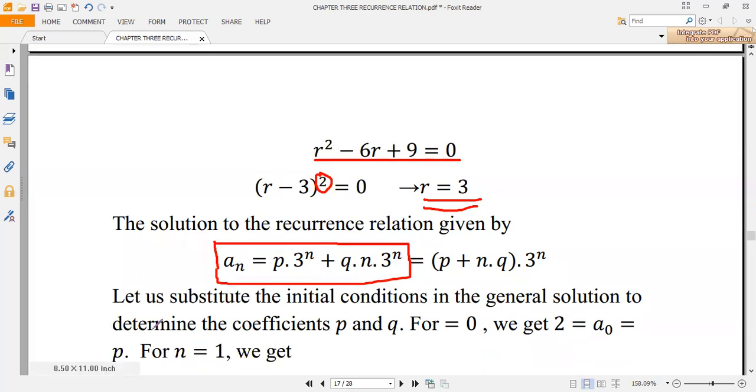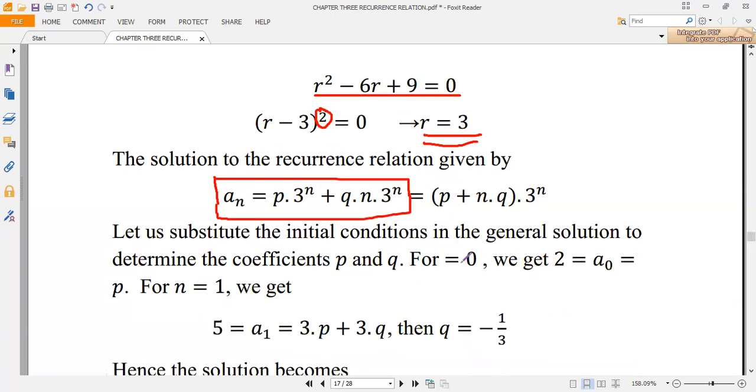Let's now determine the values of the constants so that we can get the particular solution. So substituting n is equal to 0, we get 2, which is equal to a0, is equal to p, because when we are substituting n is equal to 0 here, it makes the whole second term 0, so the p value is 2.